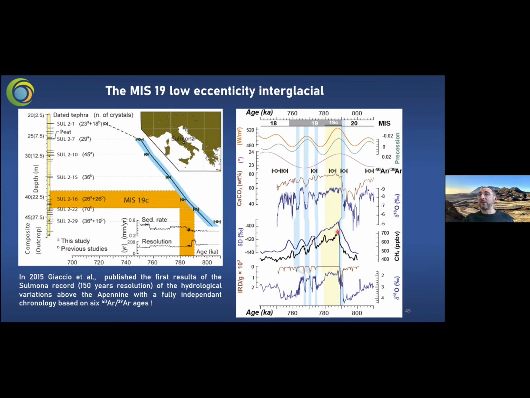These other records have been constructed based on the assumption that the maximum insolation should coincide with the maximum in surface temperature, so they are aligned with the maximum eccentricity. We did not find this in our record.